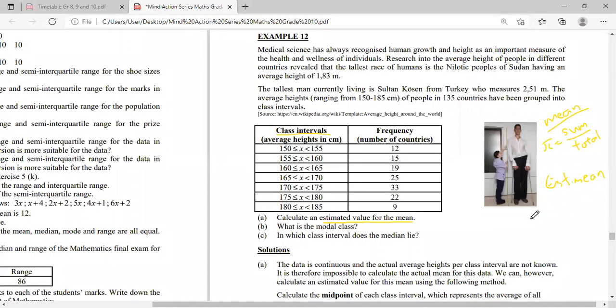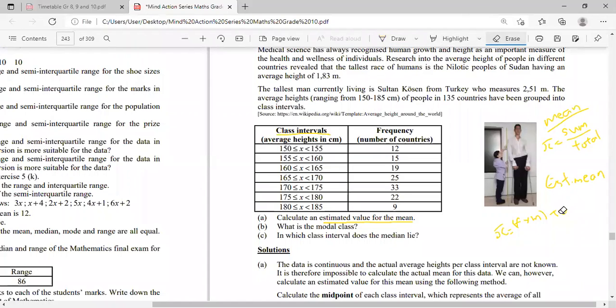The estimated mean is equal to the sum of the frequency multiplied by the midpoint, over the total.